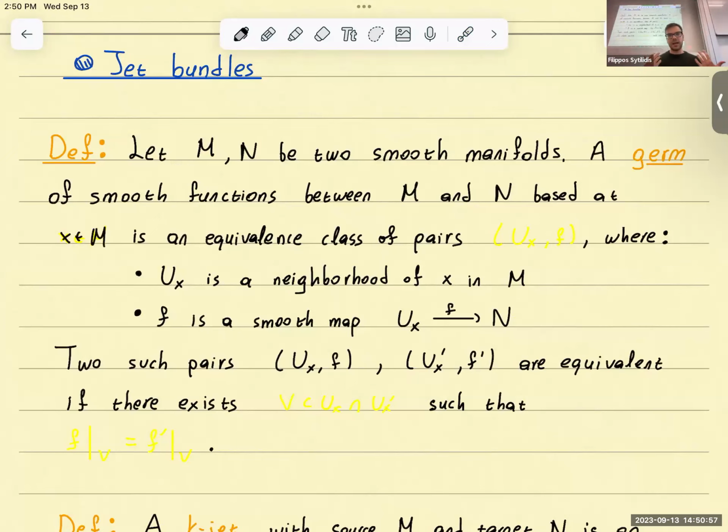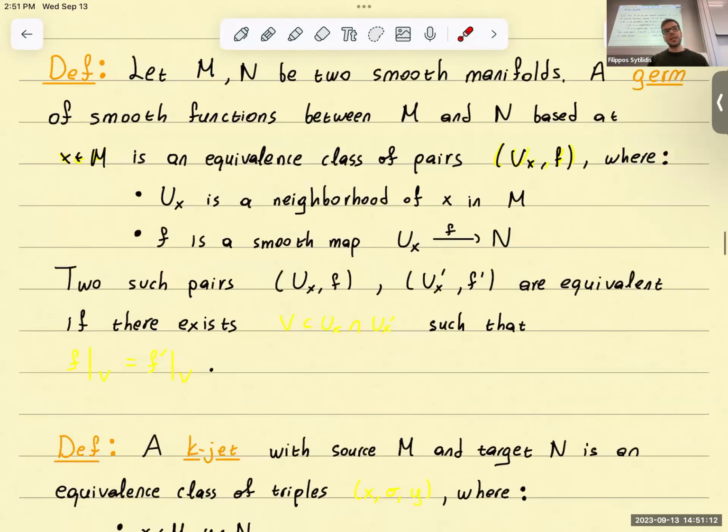Well, that's going to be the data of an equivalence class of pairs. The pairs will be a neighborhood of X in M and a smooth map from that neighborhood to N. And what's the equivalence relation?